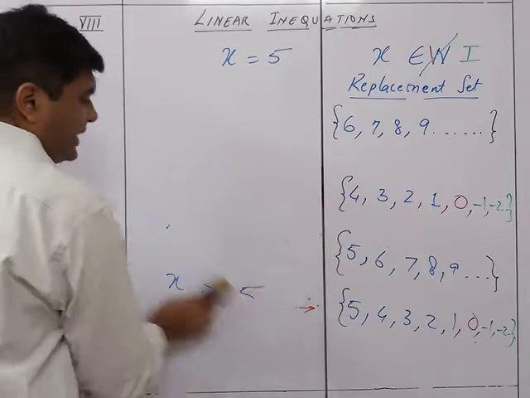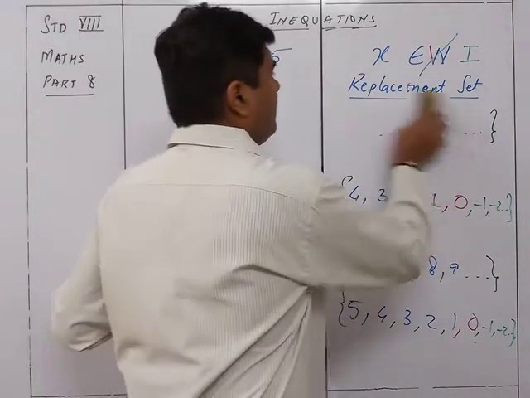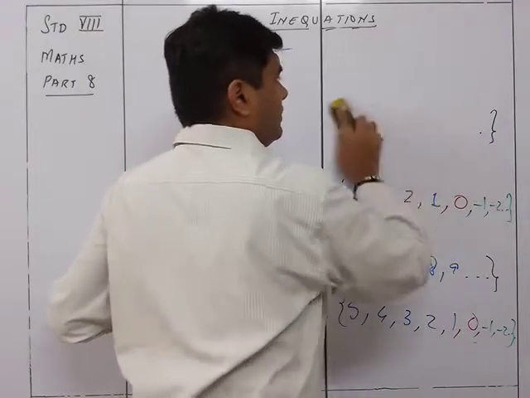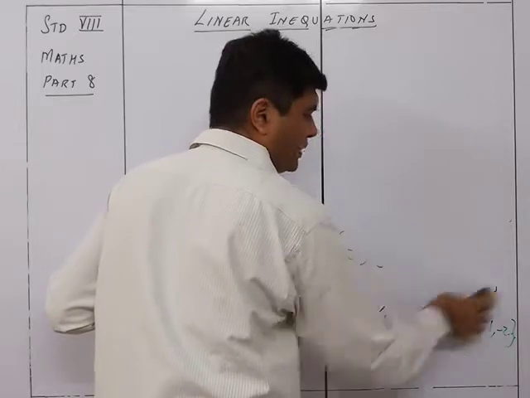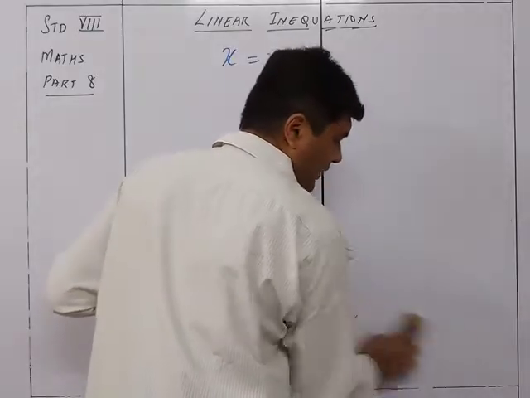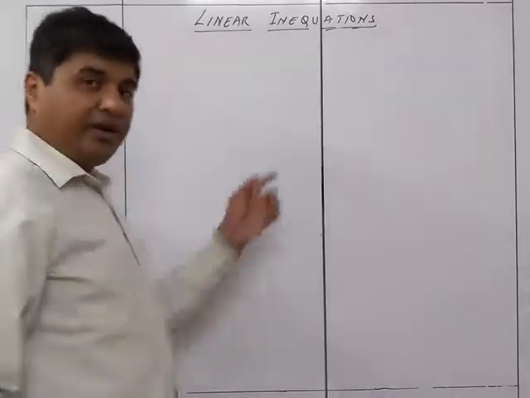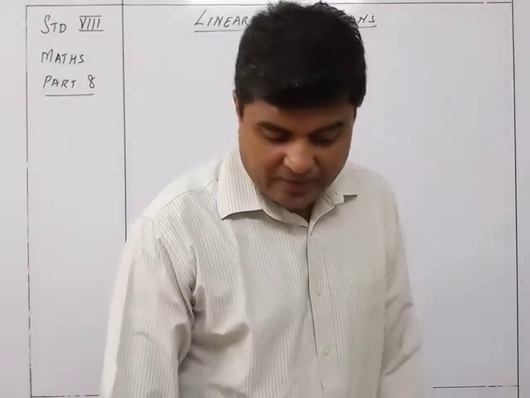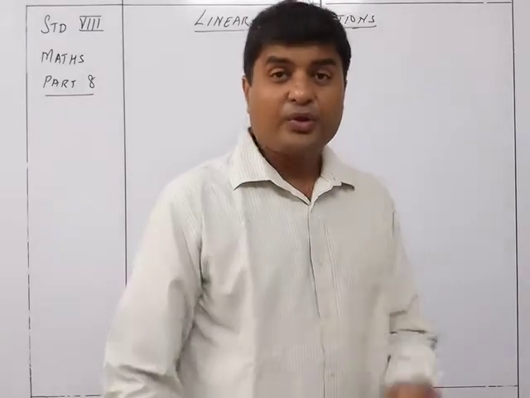So let's see, I make it a slightly easier thing, or we want to cut it off at a particular level. You don't need to look at all the numbers from minus infinity to infinity. So what we are doing is that we are going to take a particular kind of universal set.